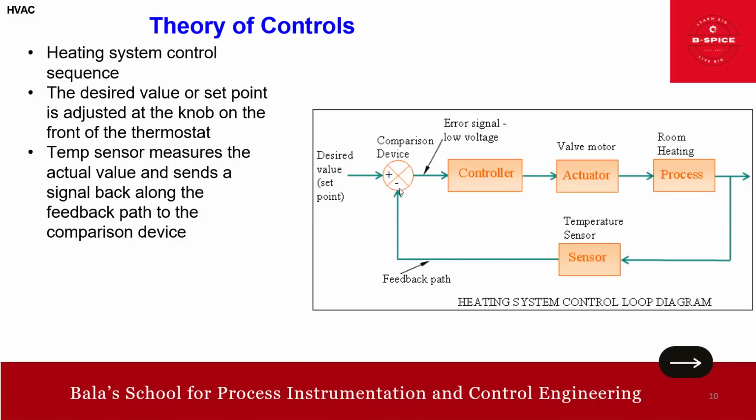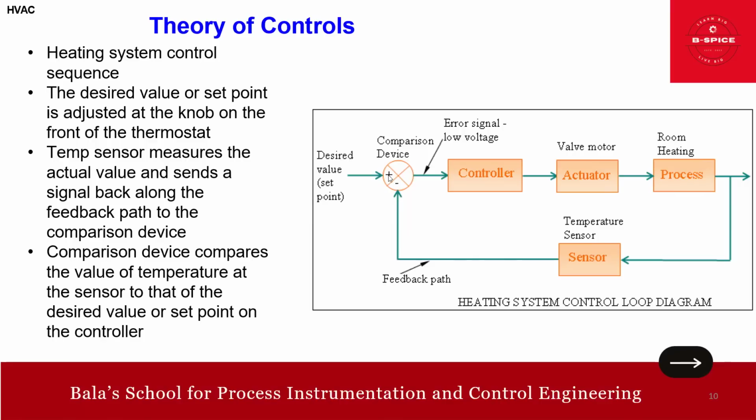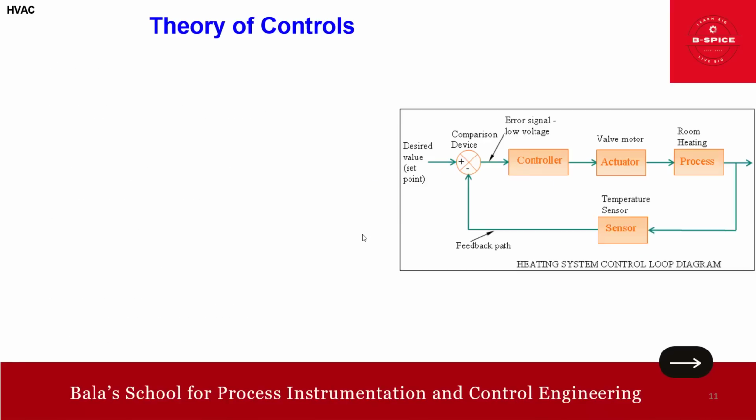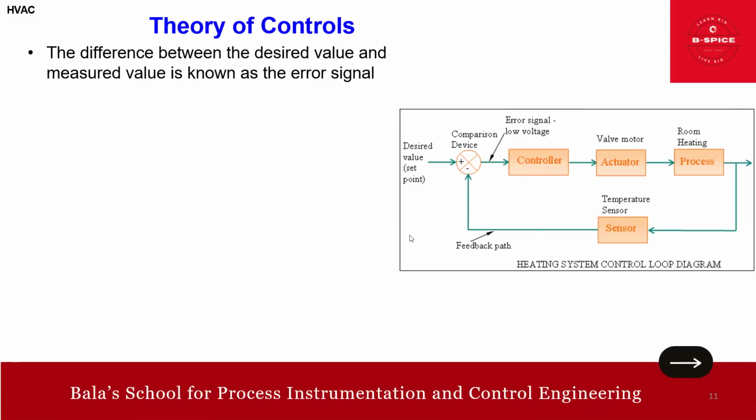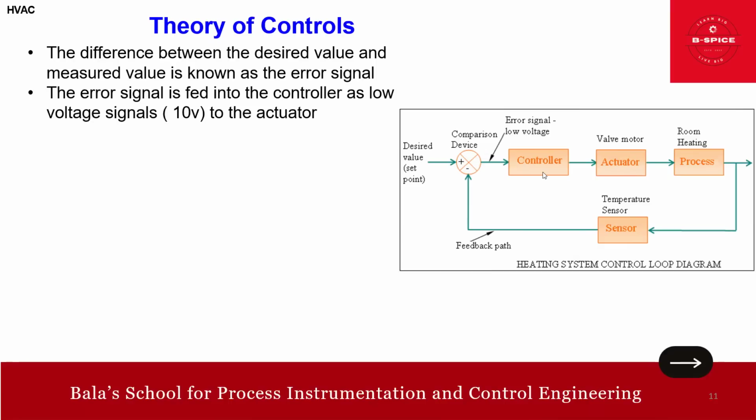The comparison device compares the temperature at the sensor to the desired value, that is, the set point on the controller. The difference between the desired value and the measured value is known as the error signal. The error signal is fed into the controller, which sends a low voltage, like 10 volts, to the actuator.